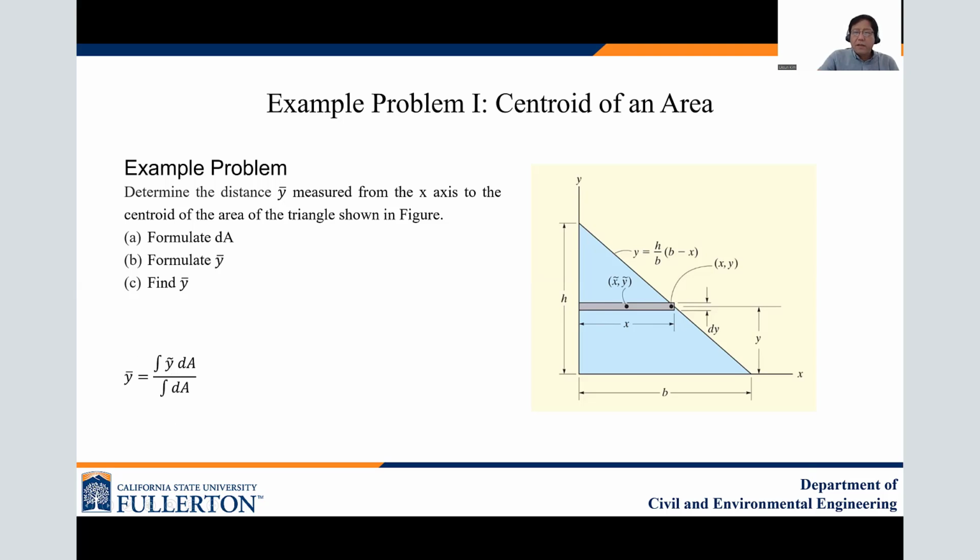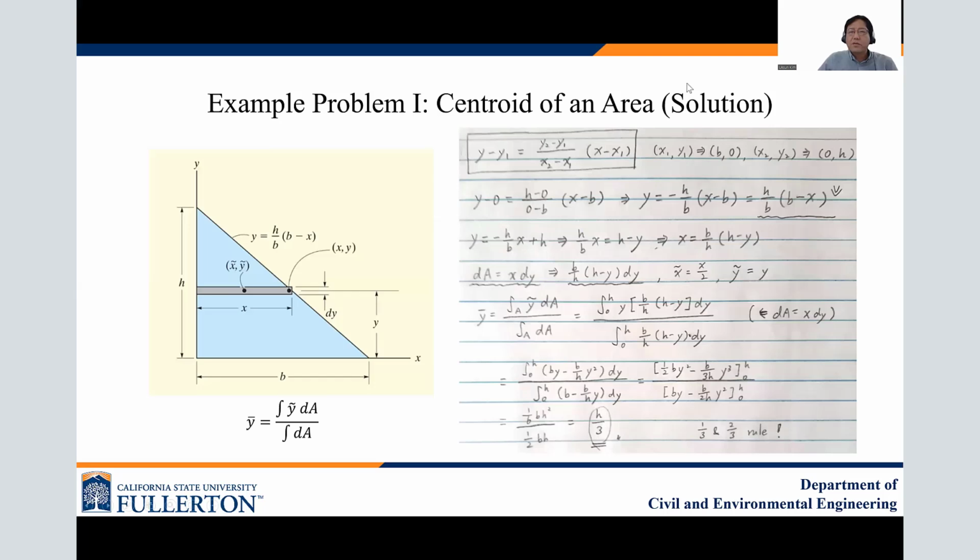And then the next one shows the solution of example problem number 1. In the problem set, this equation for the linear line is actually given, but that is not difficult. You can also derive it, because this is a basic equation: y minus y1 equals y2 minus y1 over x2 minus x1 times x minus x1.